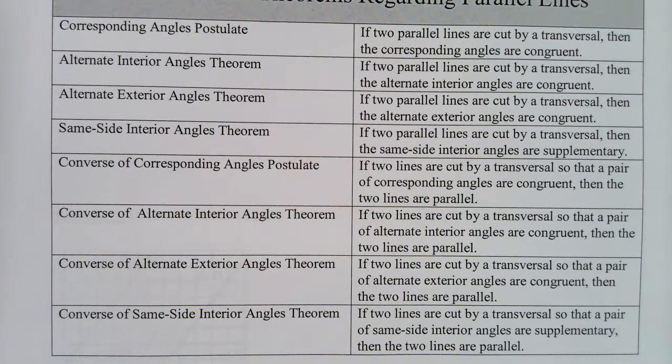So you'll see the converse of each of them is true. If you know the alternate interior angles are congruent, then you can conclude the lines are parallel. Or if you know the alternate exterior angles are congruent, then you can conclude the 2 lines are parallel. Or if you know the same side interior angles are supplementary, then you can conclude the 2 lines are parallel.